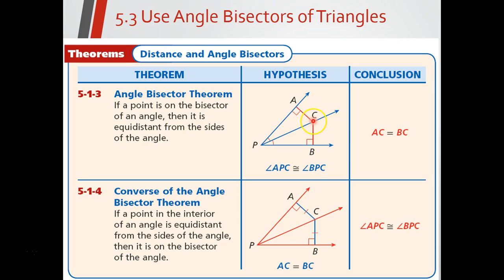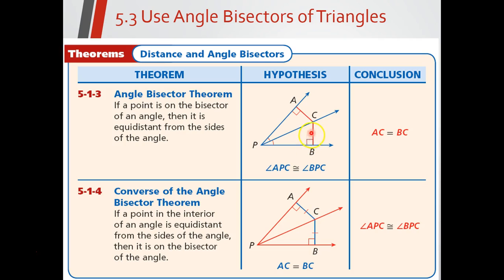So from C straight over to this side of the angle, PA, how you know it's straight over is that this line is always going to intersect the other part of the angle perpendicularly, at a right angle.